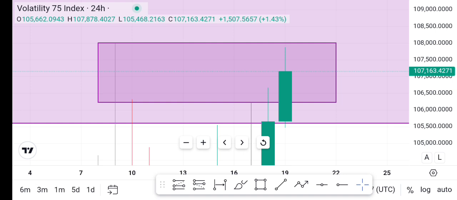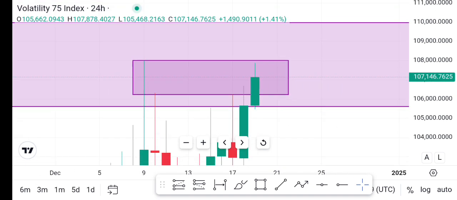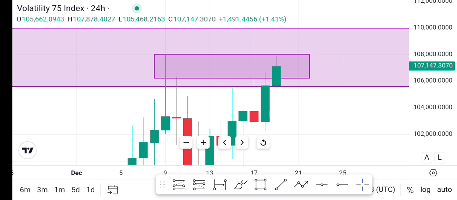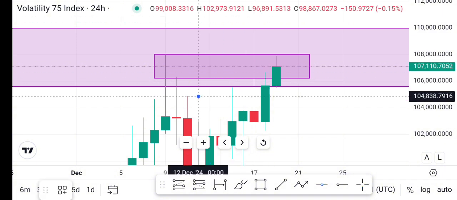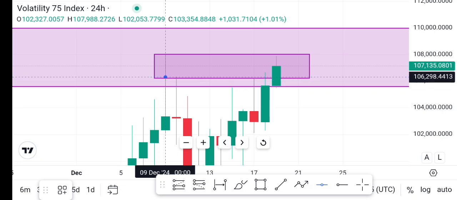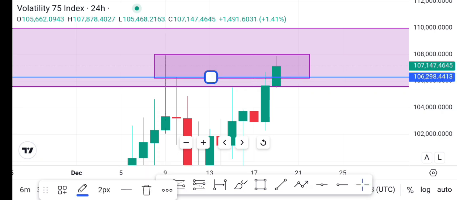And we can see that we have already made equal highs, which we can call double tops, guys. So if this day closes down below this key zone area, and the day closes down, if that happens, it will totally show us that the market will still continue with the overall downtrend.